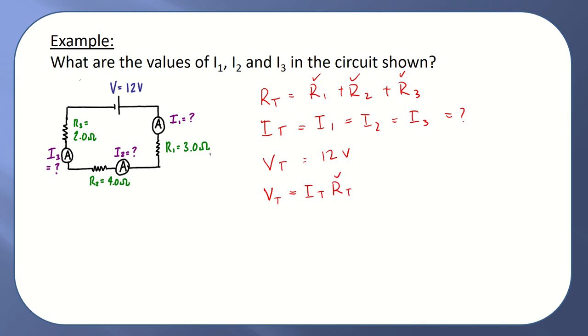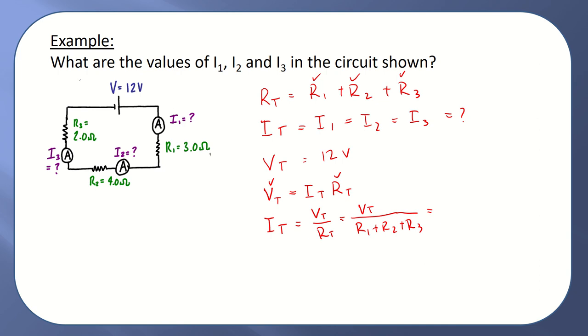That's no problem. We just add all of the three resistors together, and we know this already, so we can find our I value from here. So I total is going to equal V over R. Well, the V is already given, and the R total is just going to be the sum of all of these. So we can rewrite it as V total over R1 plus R2 plus R3.